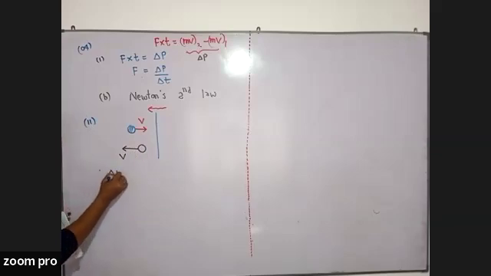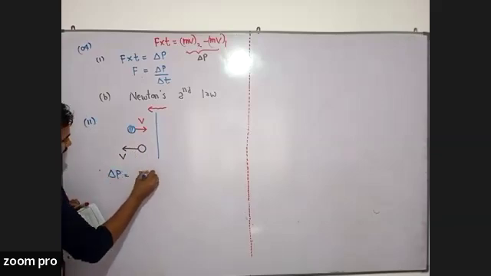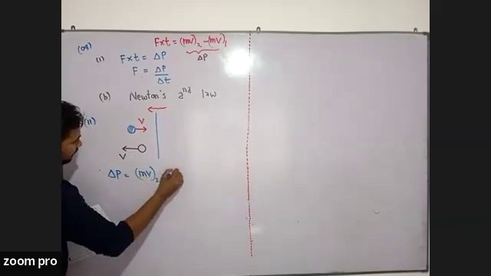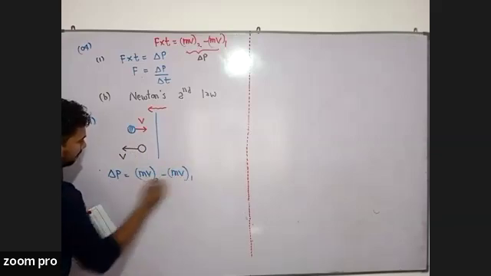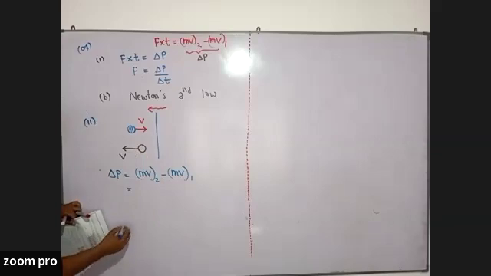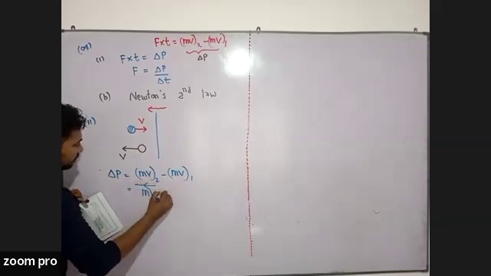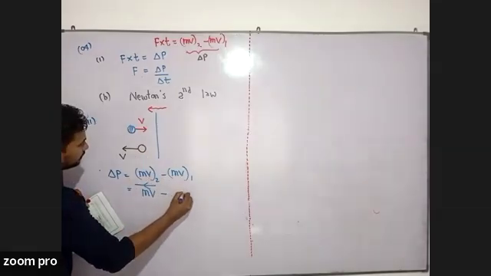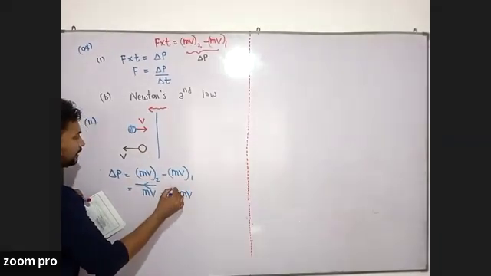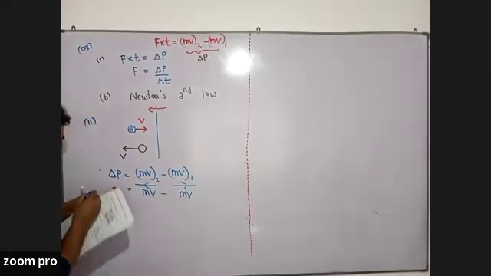Momentum difference can be obtained by final momentum minus initial momentum. The final momentum is directed towards the opposite direction, so that means mv, minus the initial momentum, which is also mv, but the direction is opposite.